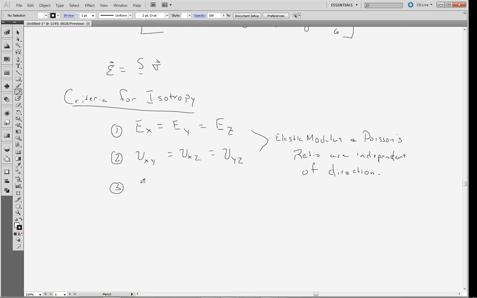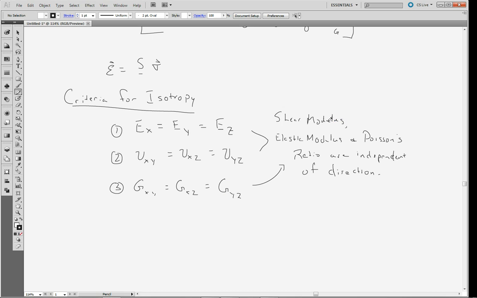And then the third criteria, the same is true for the shear modulus. So we can add the shear modulus in here.